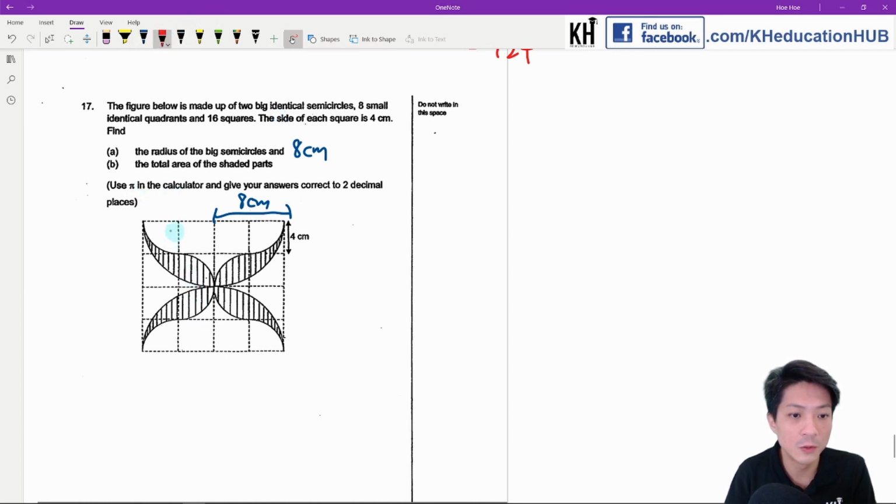What I'm gonna do is try and find the shaded area of one of these parts first.